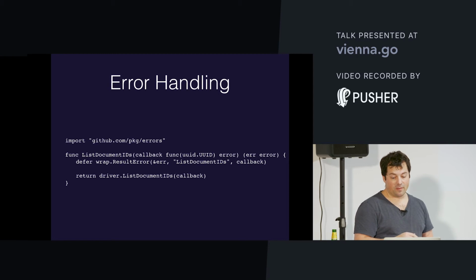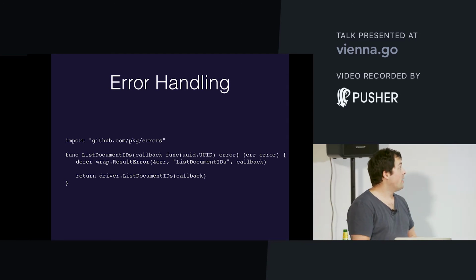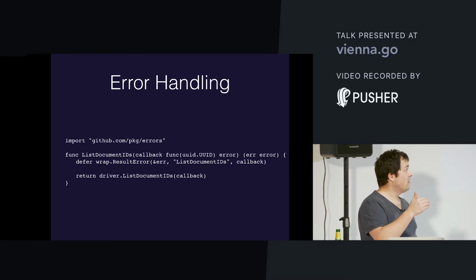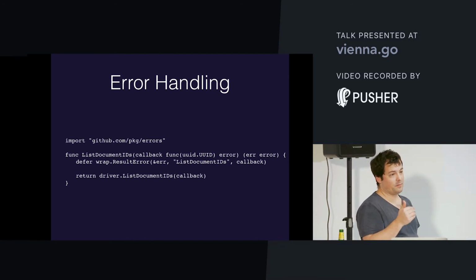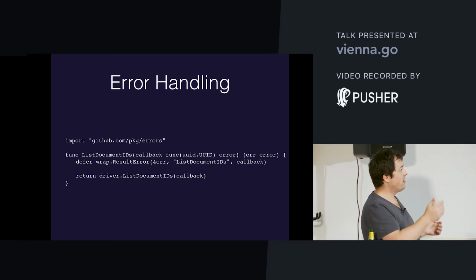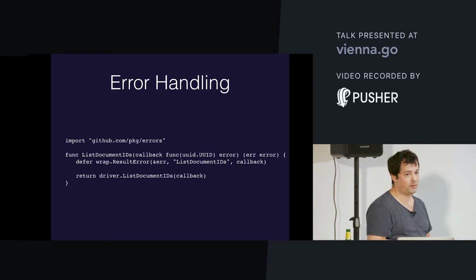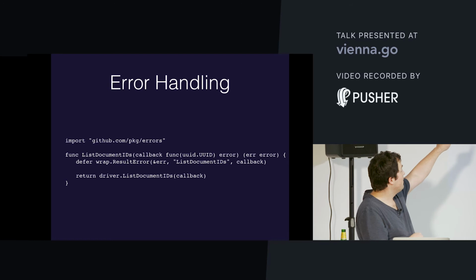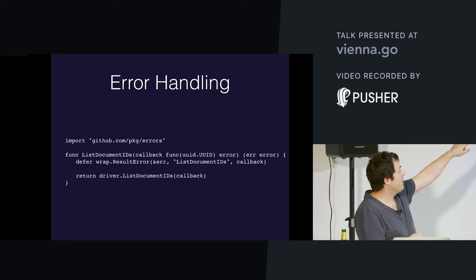And if you're using result variables like error here, this error will always hold the result of that function. So even if you define another error and basically override the original error, whatever will be returned from that result will be available in this defer wrap result error function.